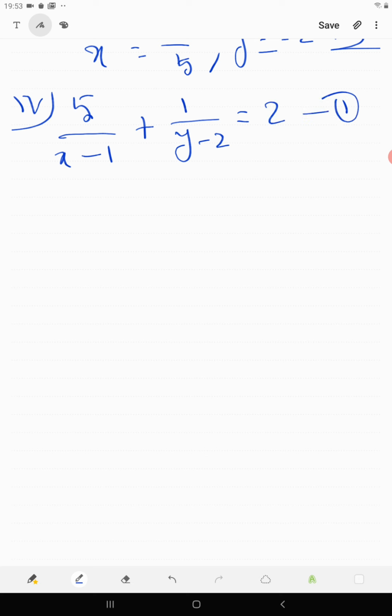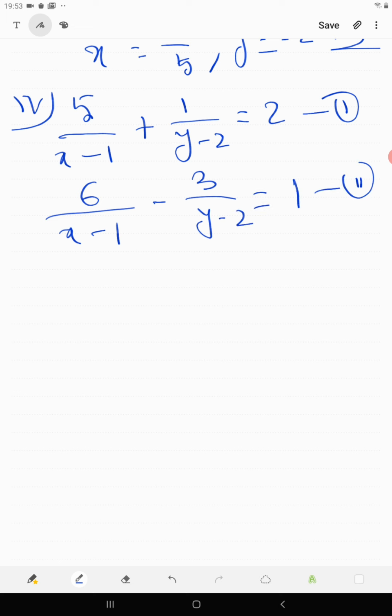This is our equation 1. And 6 divided by x minus 1 minus 3 divided by y minus 2 equals 1. This is our equation 2.